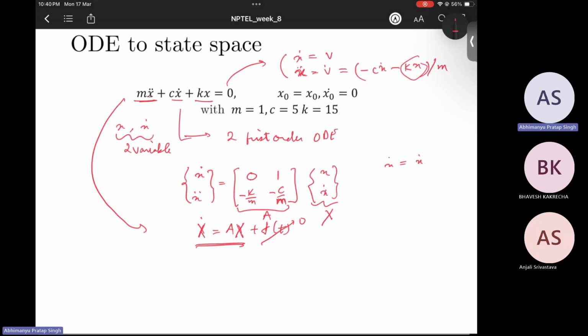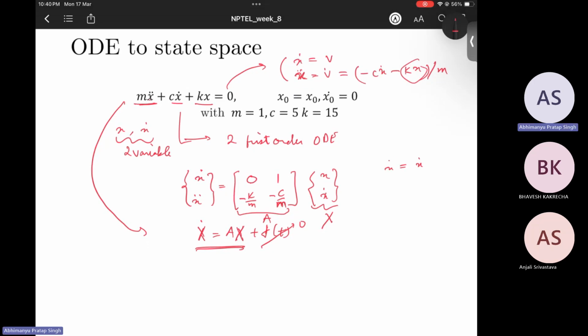If I open this matrix, I will get x dot is equal to x dot, and similarly x double dot is equal to minus k by m x minus c by m x dot. So I get back to this equation.